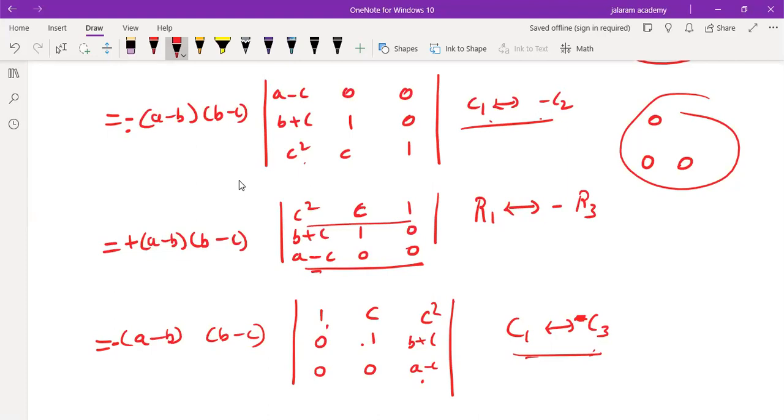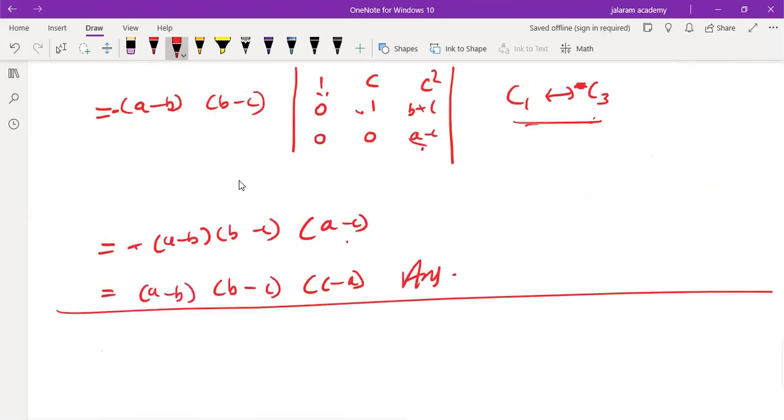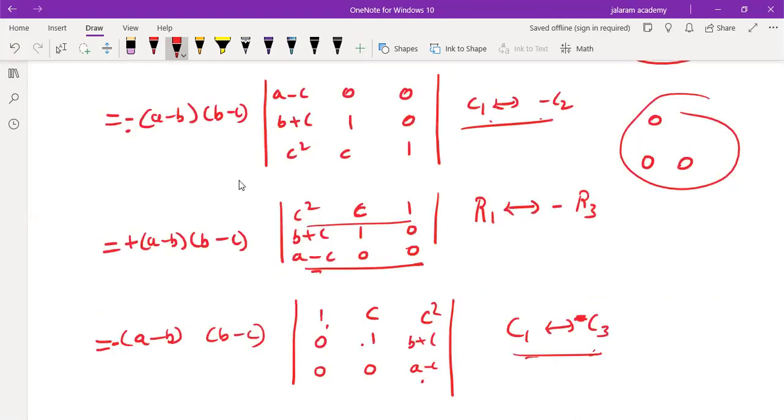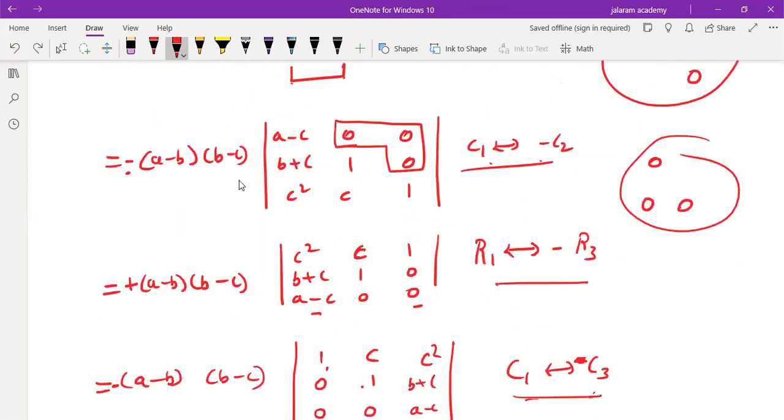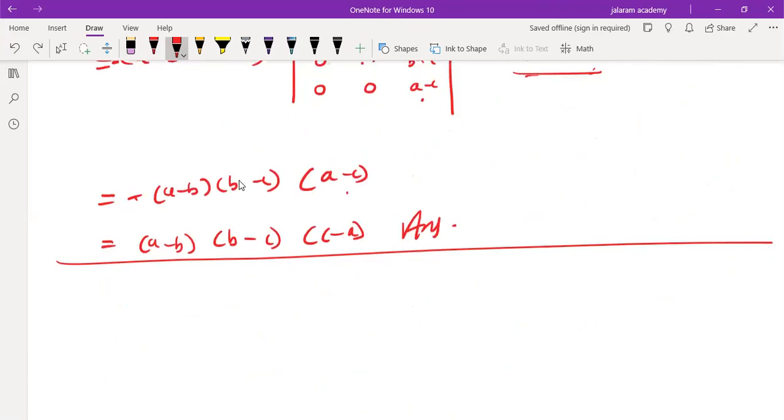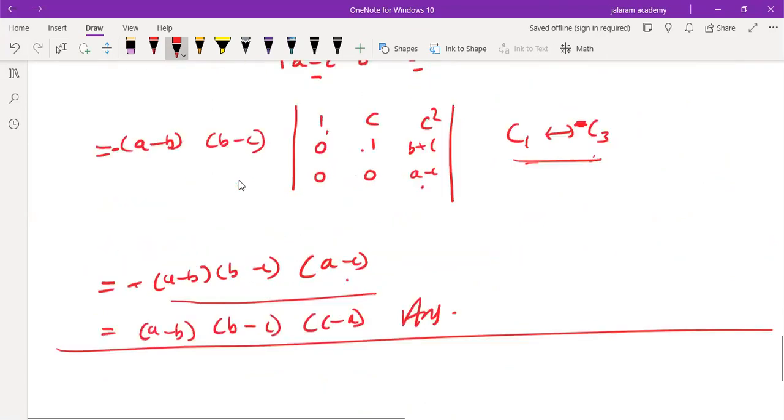Now, again, if we alter C1 and C3, principal diagonal is 1, 1, A minus C, and all the elements below the principal diagonal are 0. So the value of determinant can be obtained by the product of 3 elements of the diagonal, 1 into 1 into A minus C. Multiply it to get (A minus B) into (B minus C) into (A minus C).